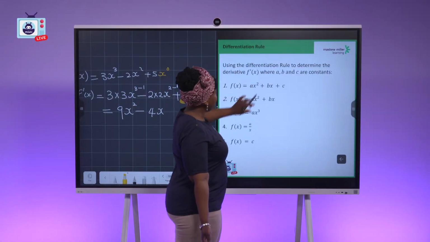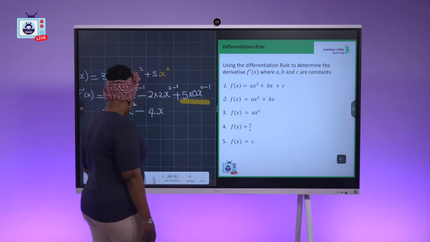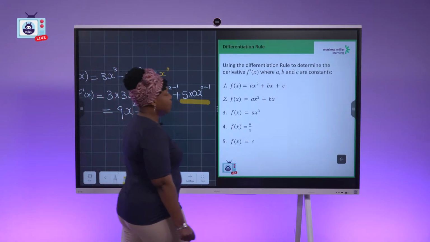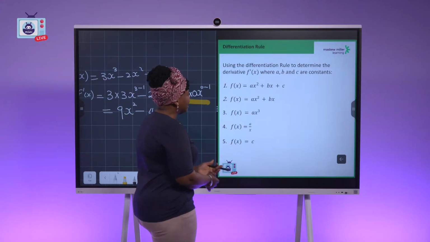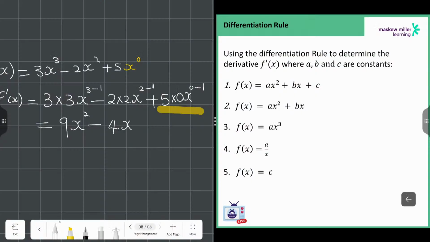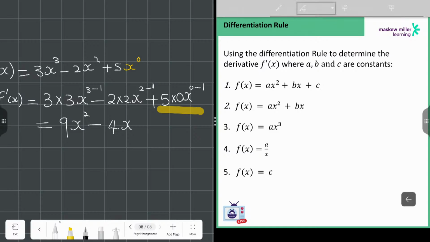Just for a summary, every time you are deriving, this is what you need, provided that you are using the rule or the principle. You can find any of these. For example, they can give you a quadratic which is a trinomial.